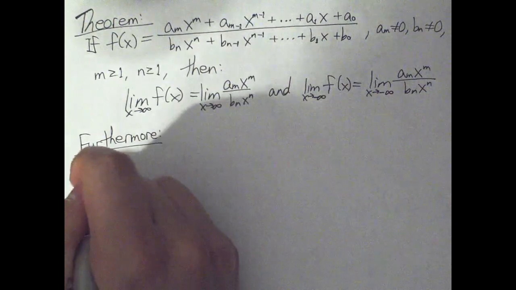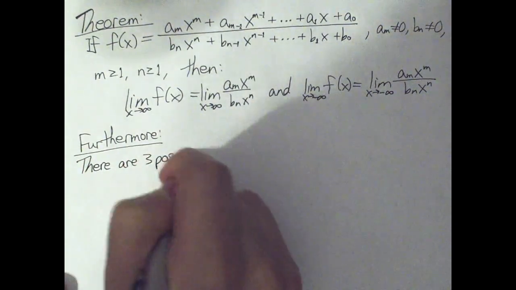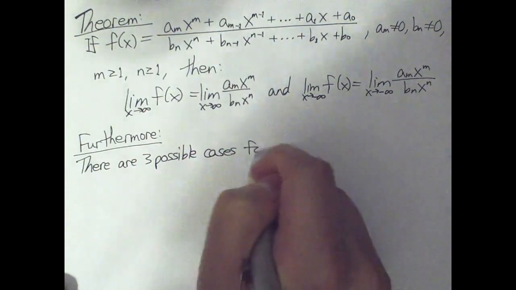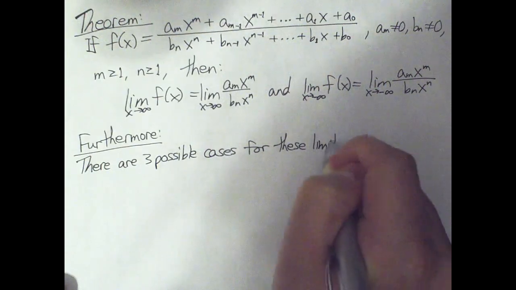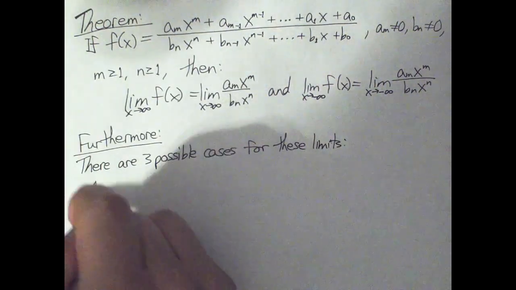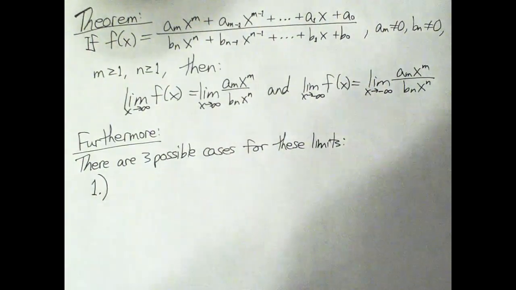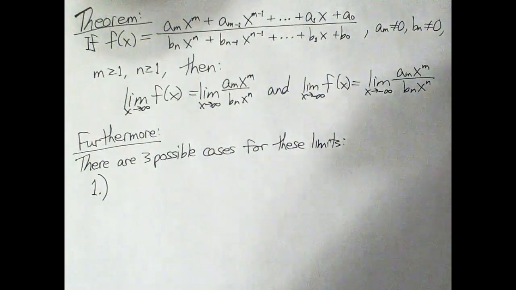So furthermore, there are 3 possible cases for these limits. Case 1. The 3 cases are going to depend on how the degree of the numerator and the degree of the denominator compare to each other.